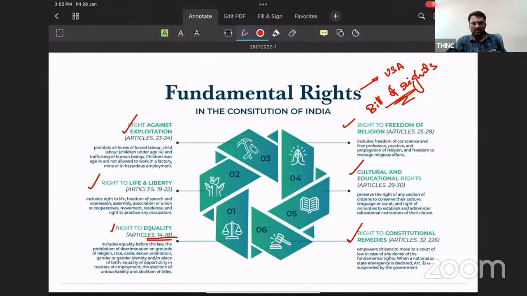Among them, equal opportunities come under this. So the question of reservation comes under the right to equality; it is an exception given to the right to equal opportunities. All being equal in front of the law also comes under the right to equality.